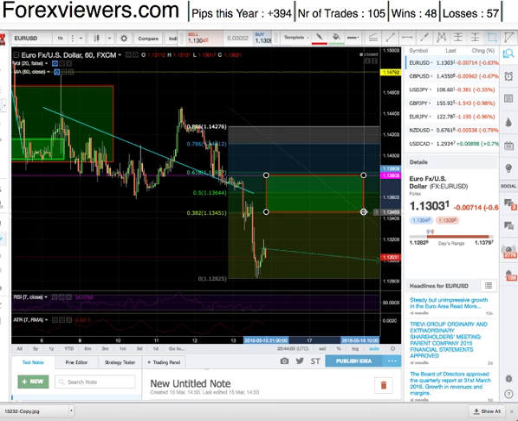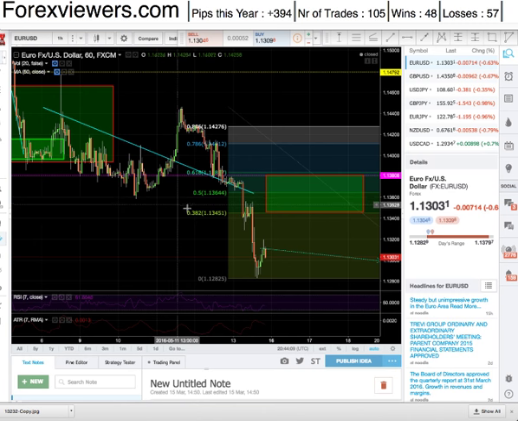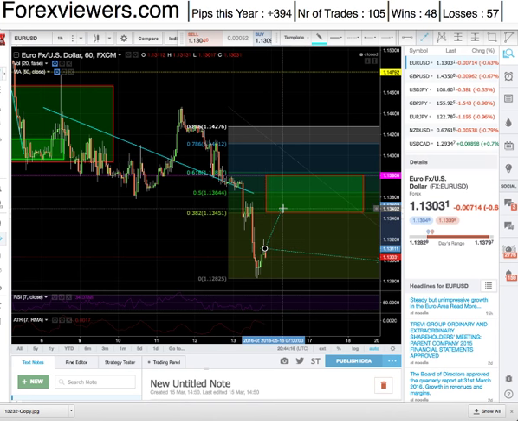So this would be my area for a short. If the market comes up into this area right here, this might be the first area we might look for a shorting opportunity, and we could hide our stops above these highs right here.